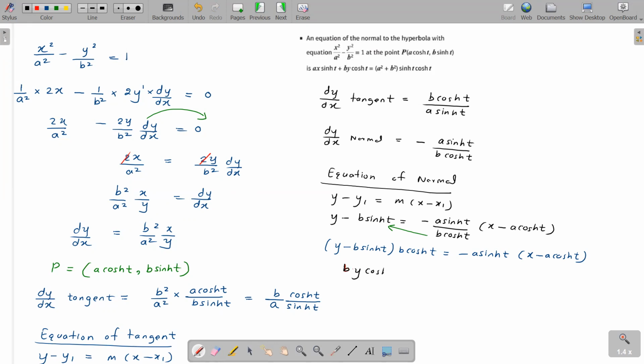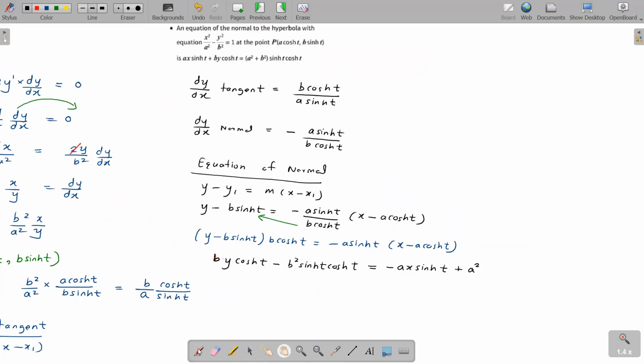Minus b square sin t cos t, am I correct? Yes. Here I get minus a sin t into x is minus ax sin t. The other one, minus a into minus is plus a square sin t cos t.